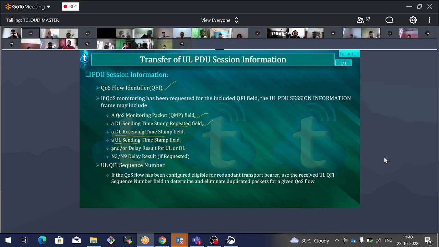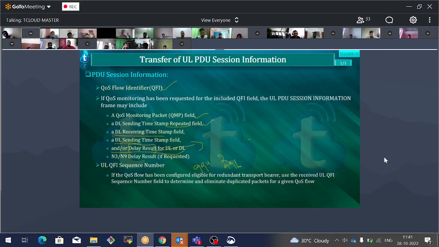There is a delay result also that can be included in uplink. The delay result will be for the radio interface. So how much time it took from the mobile equipment to the gNodeB. That kind of delay information also can be added. For example, at 994 milliseconds it started, and if the delay result at the gNodeB is indicated as 2, that means that at 996 it arrived at the gNodeB.